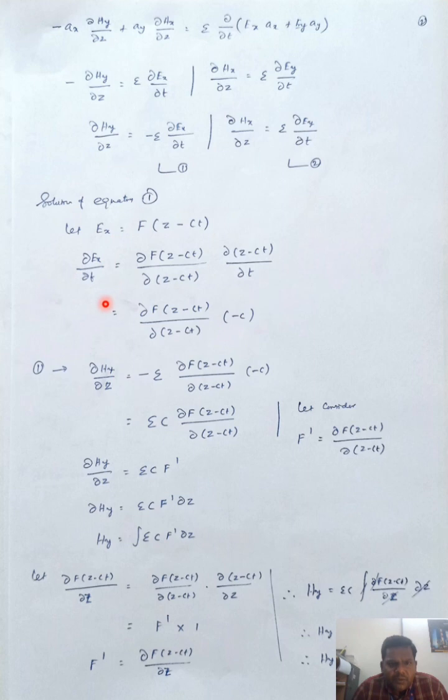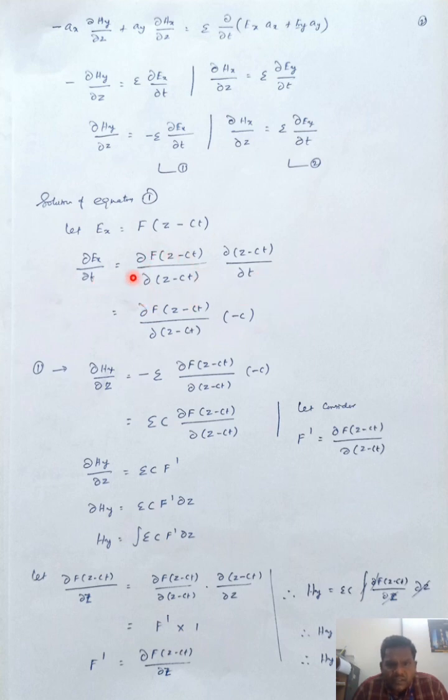So ∂Ex/∂t, as on the right hand side, by taking the partial derivative of a function of two variables, we have to consider ∂f(z−ct)/∂(z−ct), the augmented function, and again differentiate this augmented function with respect to the original variable. So ∂(z−ct)/∂t, where t is the original variable.